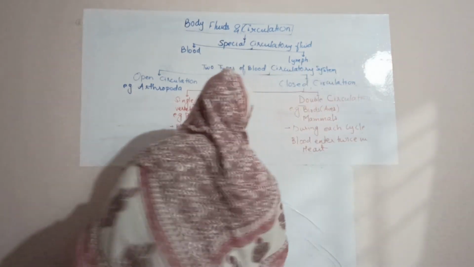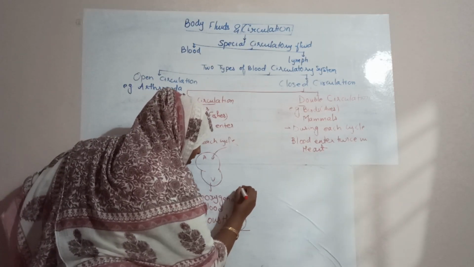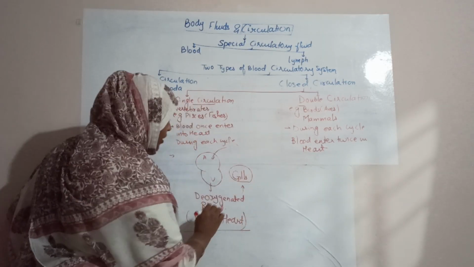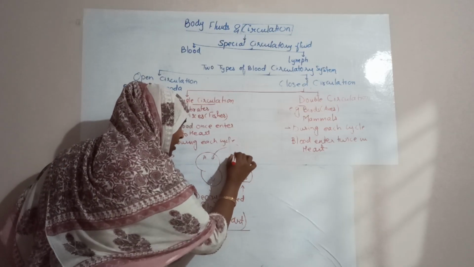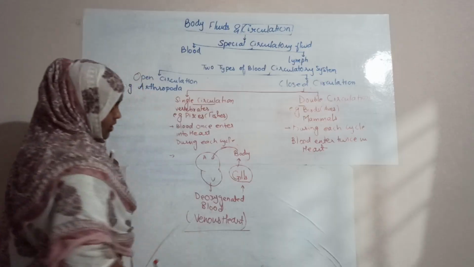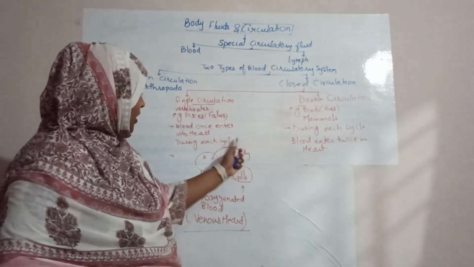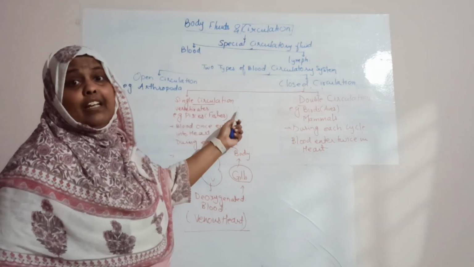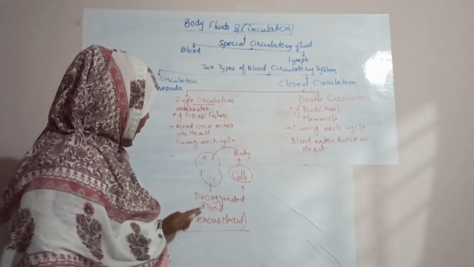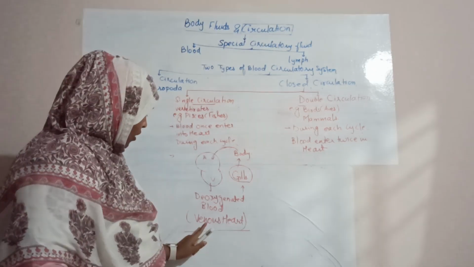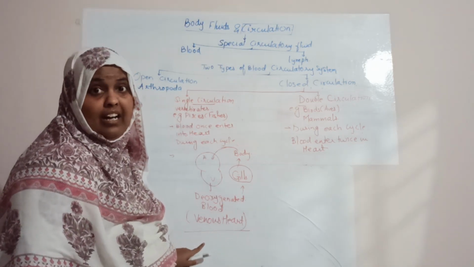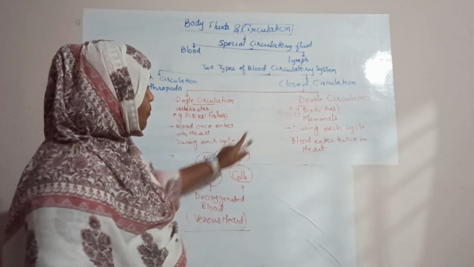The ventricle pumps the deoxygenated blood, which enters the gills for purification. The gills give oxygenated blood to the body parts, and again the body gives deoxygenated blood to the heart. This type of circulation is known as single circulation. In the case of Pisces, remember this word also: the heart pumps deoxygenated blood, that's why it is known as a venous heart. Remember this term properly.